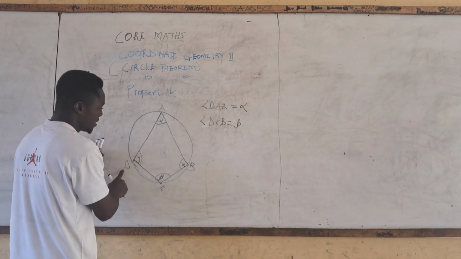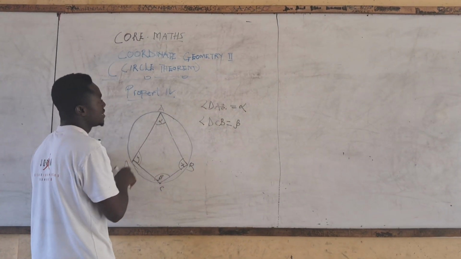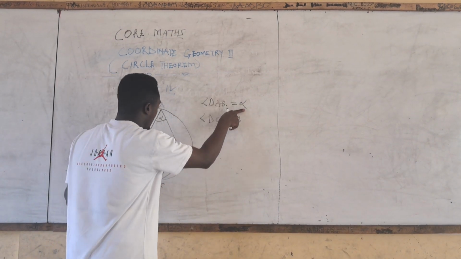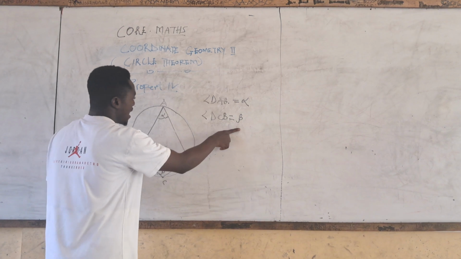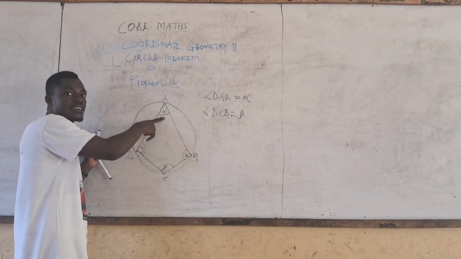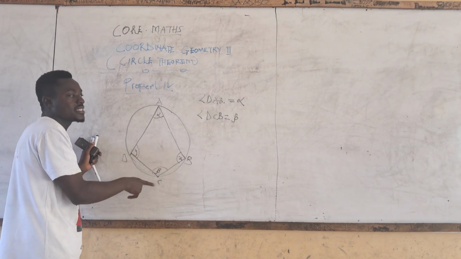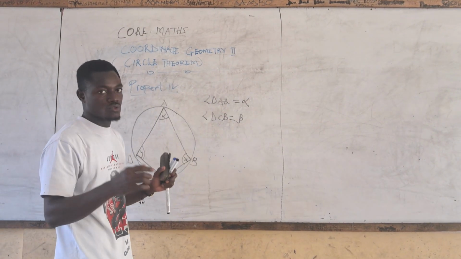Since angle DAB is equal to alpha, and angle DCB is beta, and alpha is opposite beta, the sum of these two angles adds up to 180.